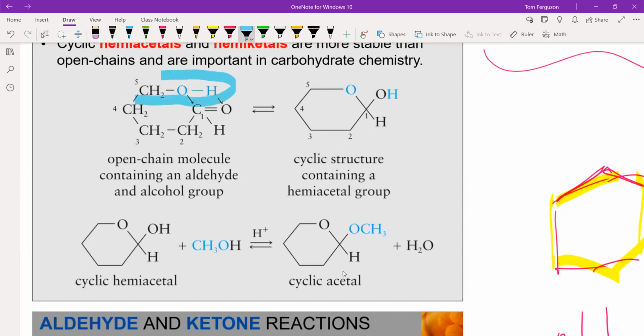This is the alcohol. Here's the backbone, all in the same molecule. So we end up making a hemiacetal with one long molecule. And that's called a monosaccharide.